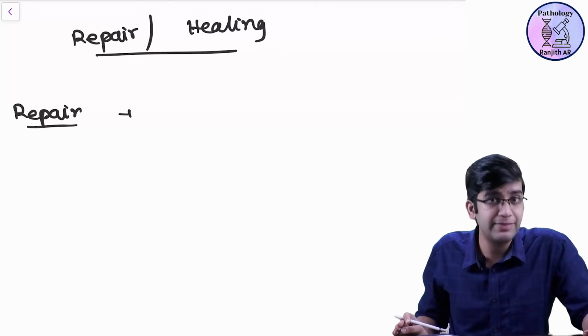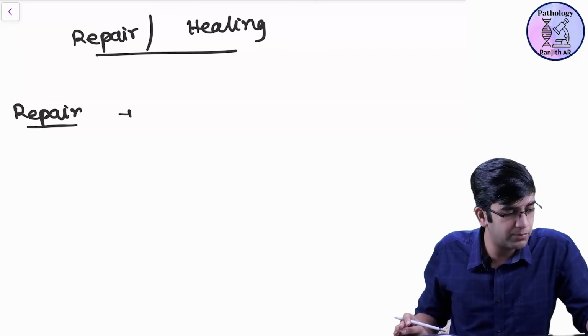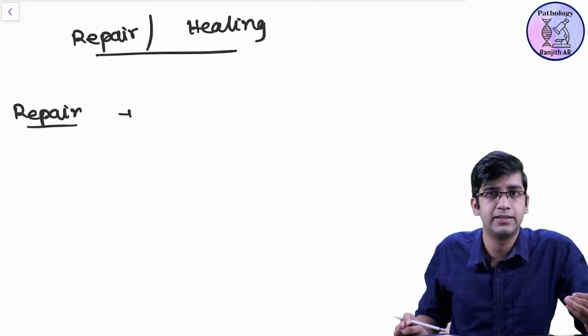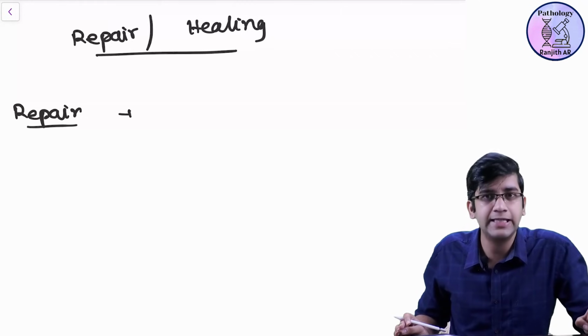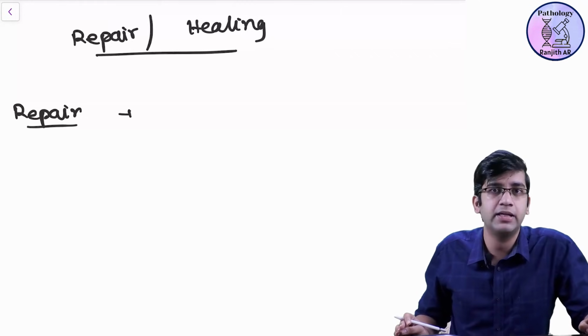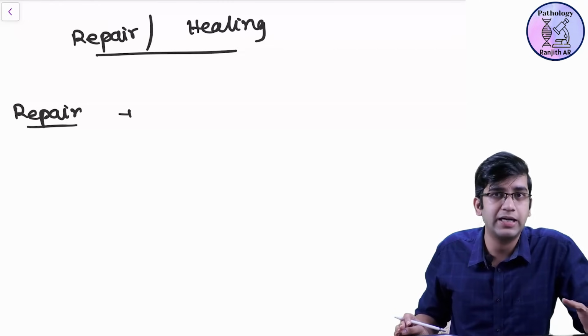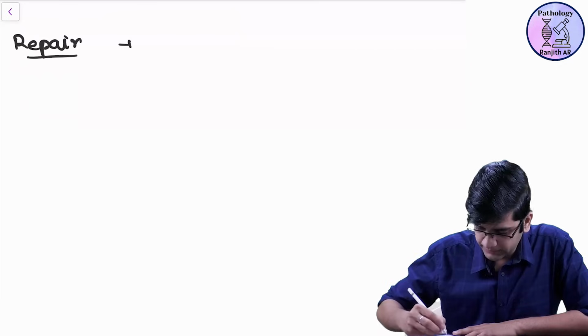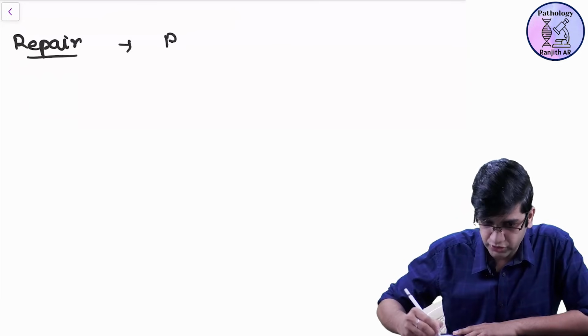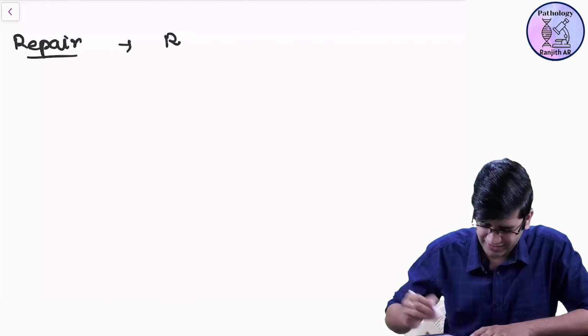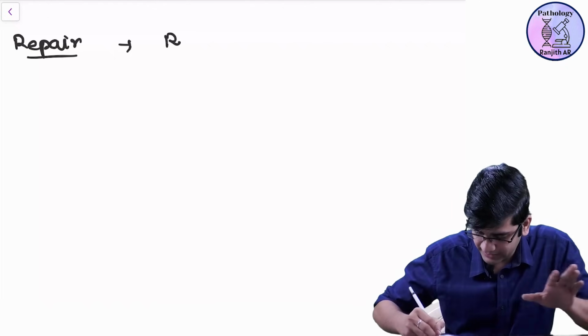I'm going to use the term healing when I'm going to have problems in my epithelia. I'm going to use the term repair when I'm going to have problems in my tissues like heart and everything, right? Sorry, I actually said the wrong way. Ignore that.